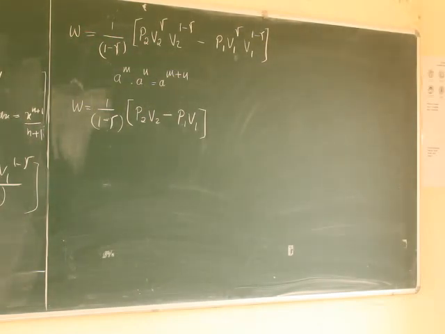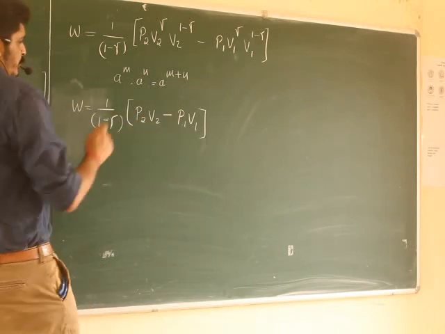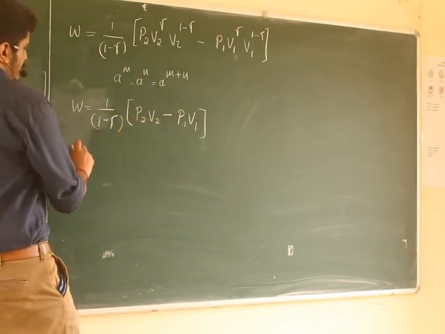Okay. So now a slight variation we can do, I think. Means change of sign. If I want to write P1 V1 minus P2 V2, the sign convention will vary like this, no?